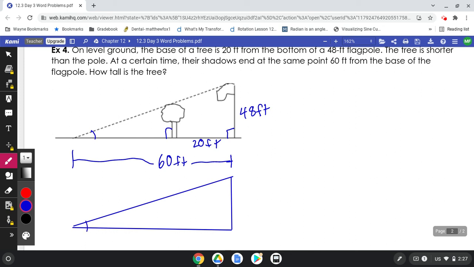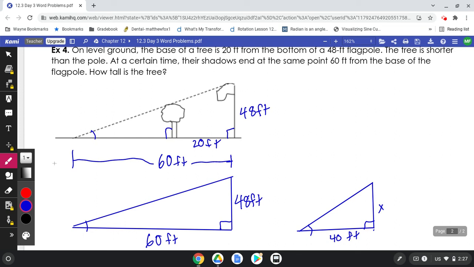So we know then that this whole distance is 60 feet. It is 48 feet tall. Meanwhile, we have our small triangle to the tree. We don't know how tall that is. That's what we're trying to find. But we do know this distance will be 40 feet. Now, some of you might have said 20.